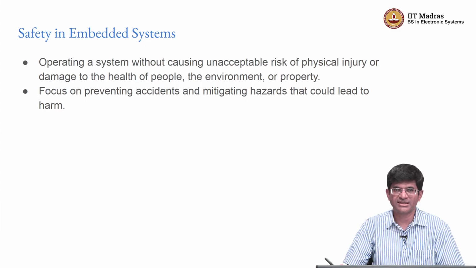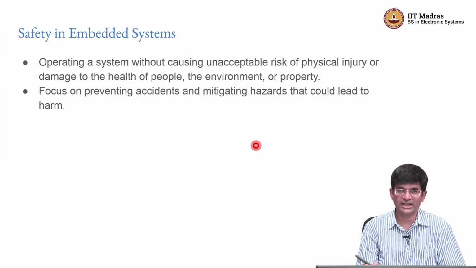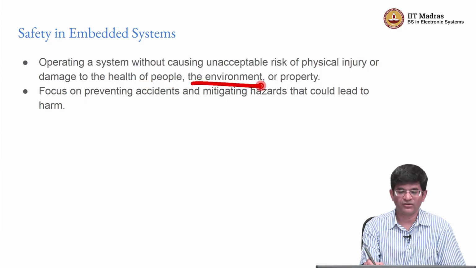At some point we can say, okay, normal usage of this particular equipment should not result in any kind of damage or physical injury. And damage can happen in multiple contexts. It could be damage to the health of a person, the person who is using it, or other people who are affected by it. It could be the environment.